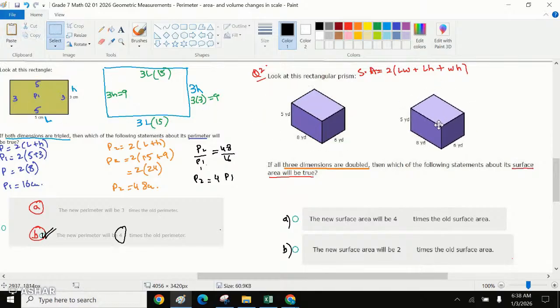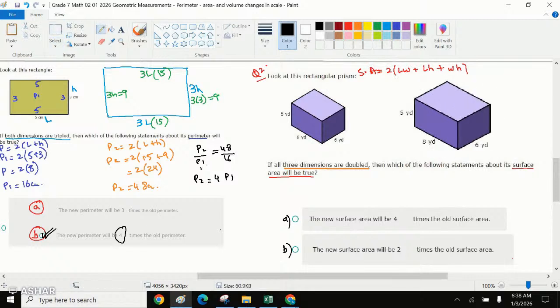If all the 3 dimensions are doubled, this was 8, 16, 5, and 6, right? So this should become 10. This should become 16, and this should become 12, right? Can you help me out with this?